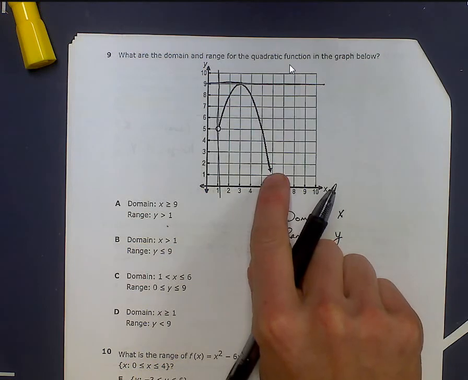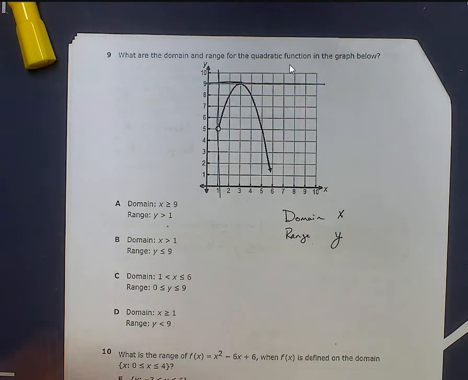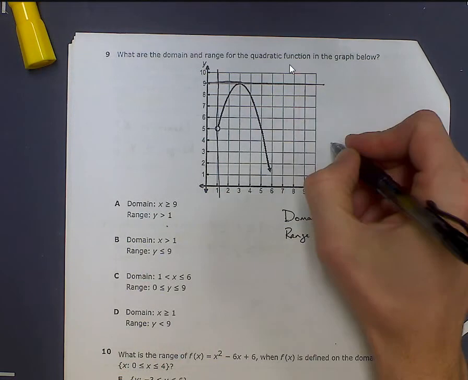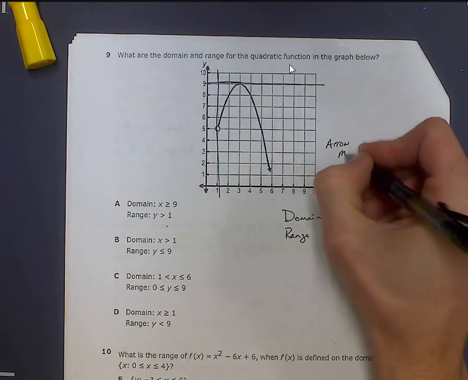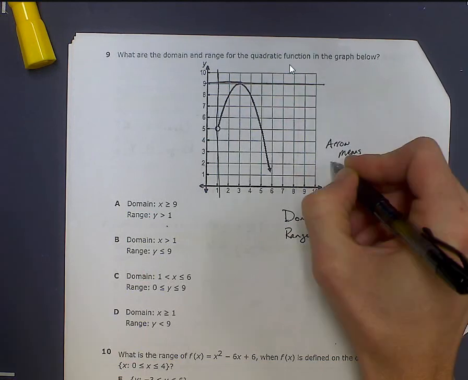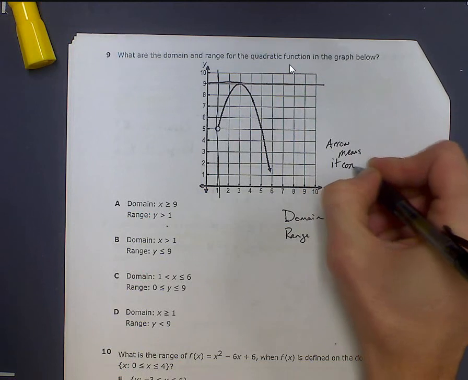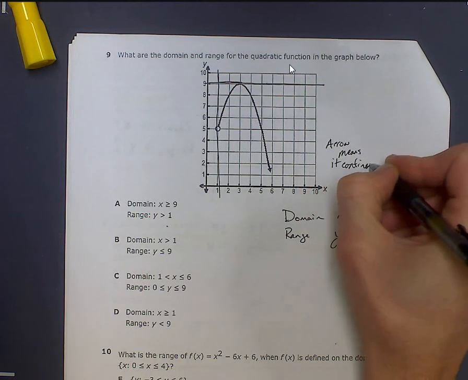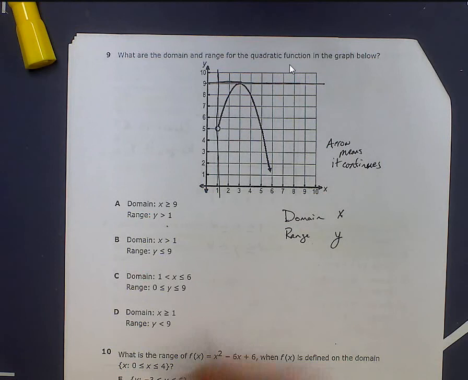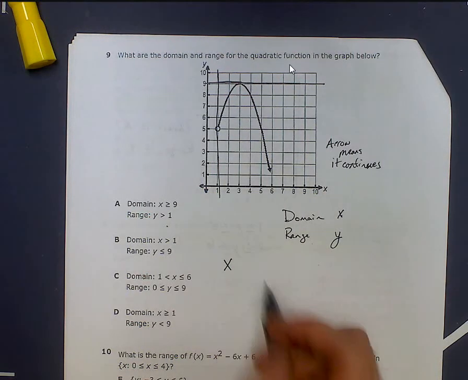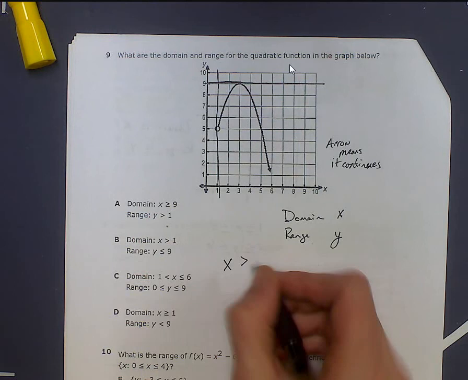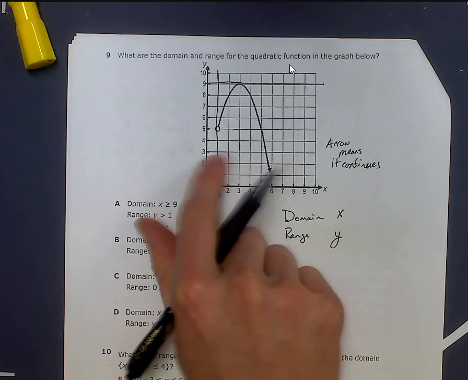That means that it goes on forever. So when I see an arrow, it means it continues. Okay? So my smallest x is going to be positive 1. So all of my x's are going to be larger than 1.